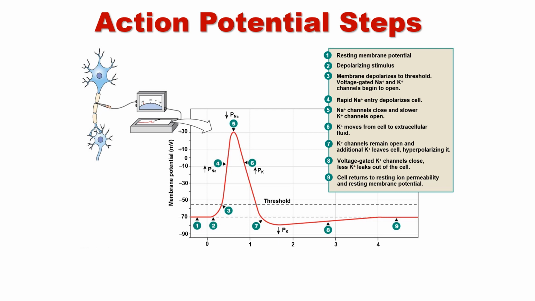I've animated this a little bit. So here at 1, that's our resting membrane potential. See, we're just sitting here waiting for a stimulus. And at 2, we get some kind of stimulus. Usually this stimulus, between 2 and 3, right there, is caused by depolarization on an earlier segment of the axon.